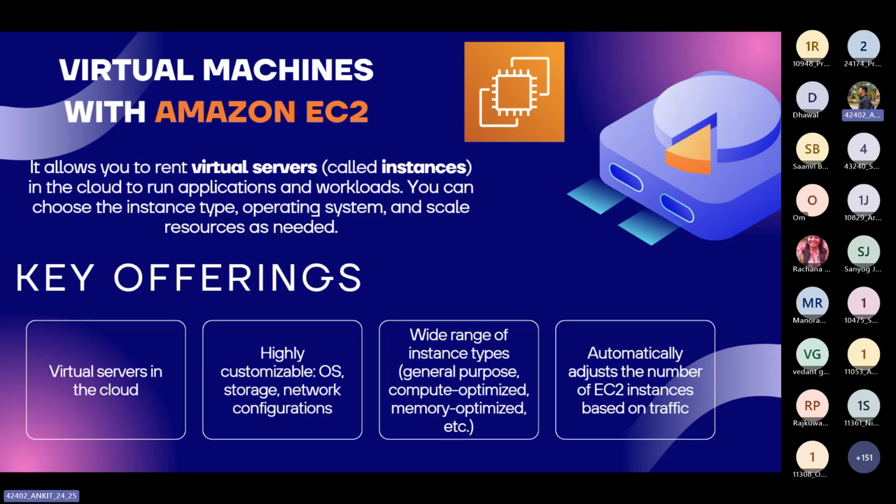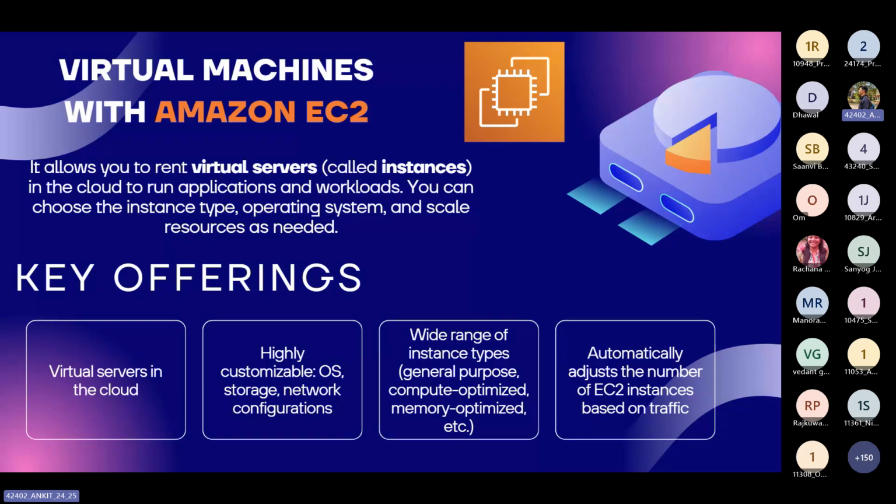While compute optimized instances such as C5 are designed for heavy processing tasks, memory optimized instances like R5 are perfect for high memory consumption or memory intensive applications. And there are also storage optimized instances.